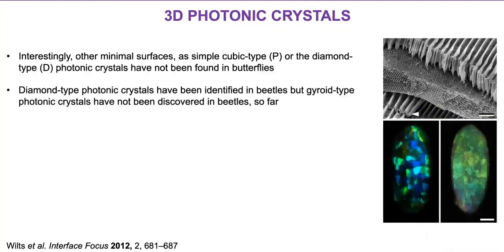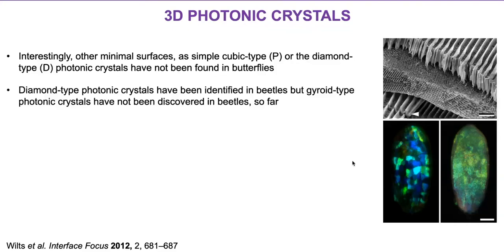Interestingly, it's very important to know that in many beetles we don't have, for example, simple cubic types of structures. I mean, in butterflies, we don't have simple cubic structures, but very complex gyroid-type structures. And in beetles, you can see cubic structures, as I showed in the previous example before this butterfly. But in butterflies, you see very complex gyroid structures. So it is very interesting that these two do not have similar structures, but they can display similar colors.